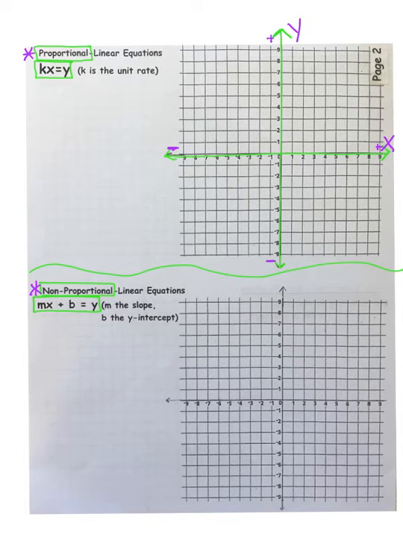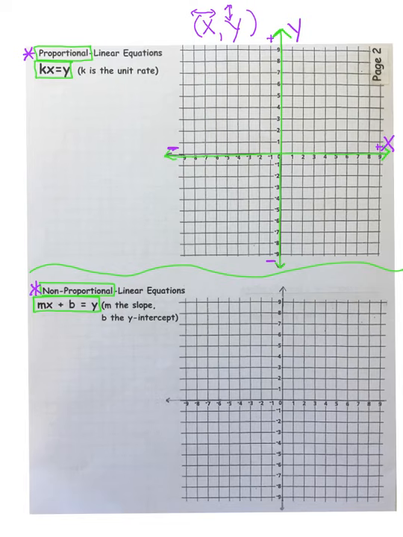Remember, our coordinates are always given in an ordered pair. X will always come first, and it dictates your side-to-side movement, and your y will control your up or down movement on the coordinate plane.